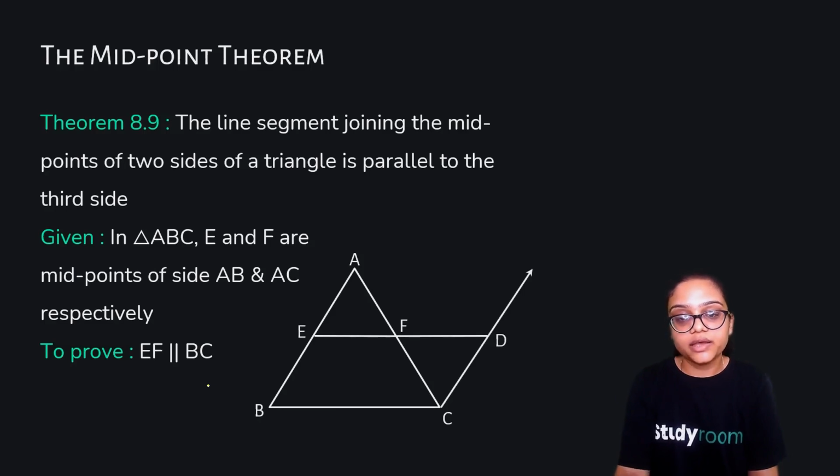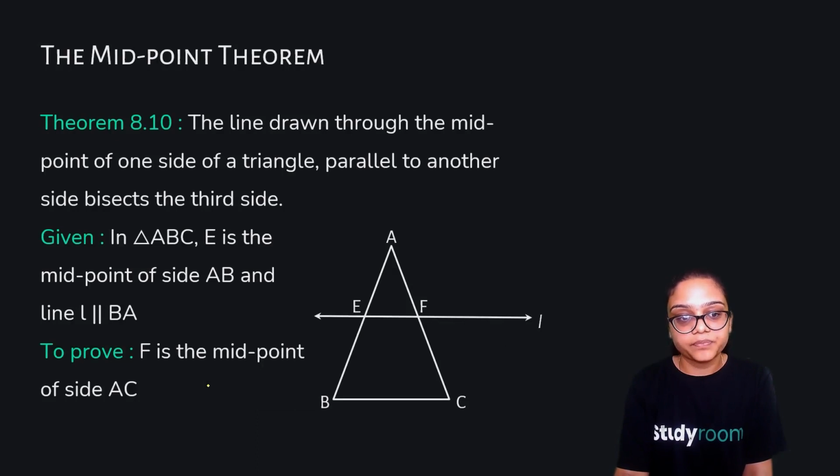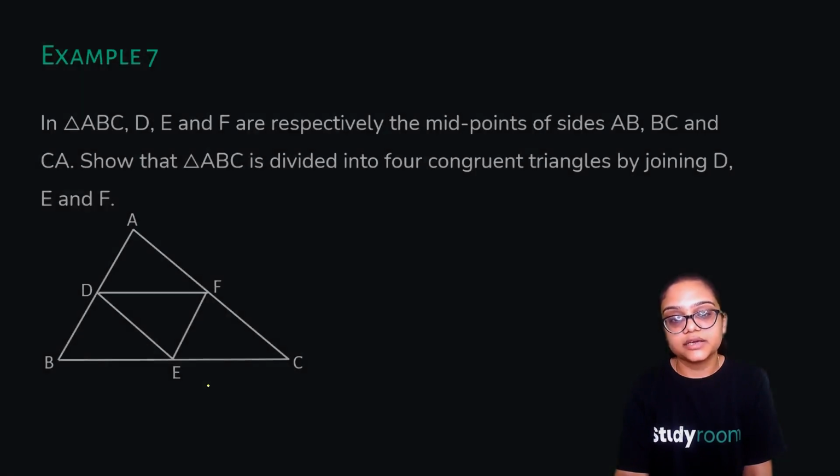It's shown that EF is extended till D and a line is drawn from C. Okay, the line drawn parallel to another bisects the third side. So a line drawn through the midpoint of one side of a triangle, like line L, is drawn. Okay, so E is the midpoint of AB and L is parallel to BC. Correct? So F is the midpoint of AC. This is just the extended way.